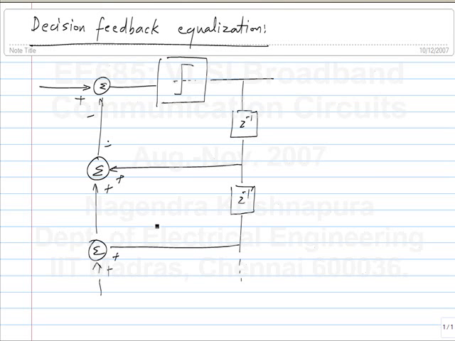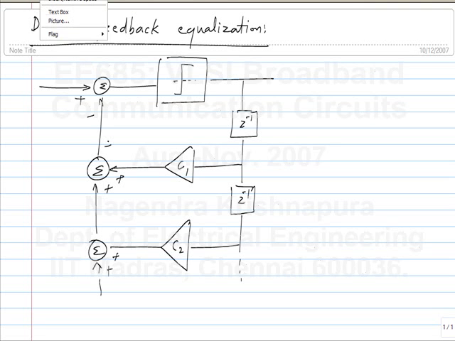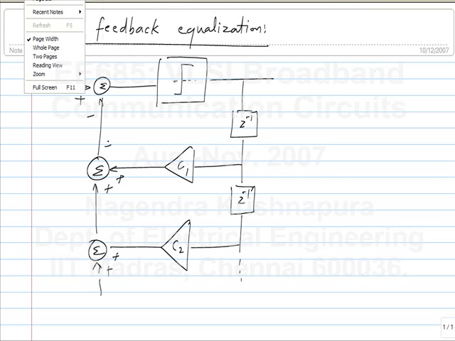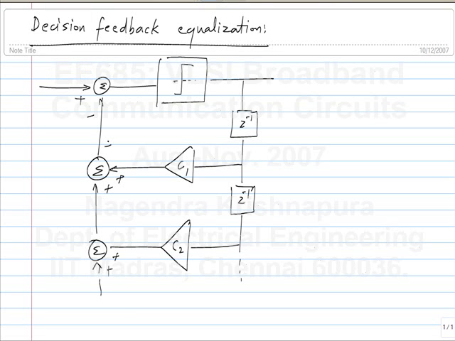That is the number of ISI taps that you want to cancel. So if these taps are set to exactly the ISI values, then ISI is completely cancelled. Okay.